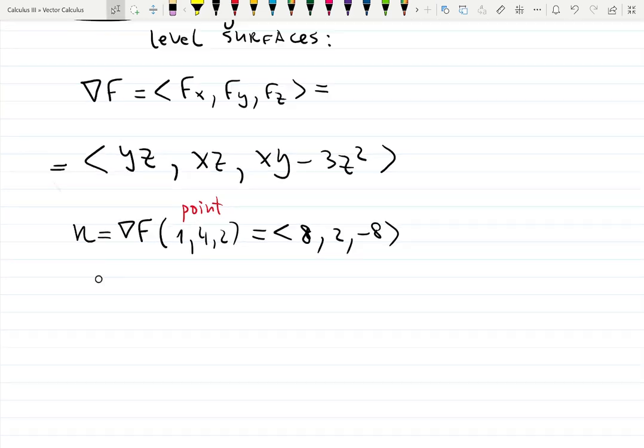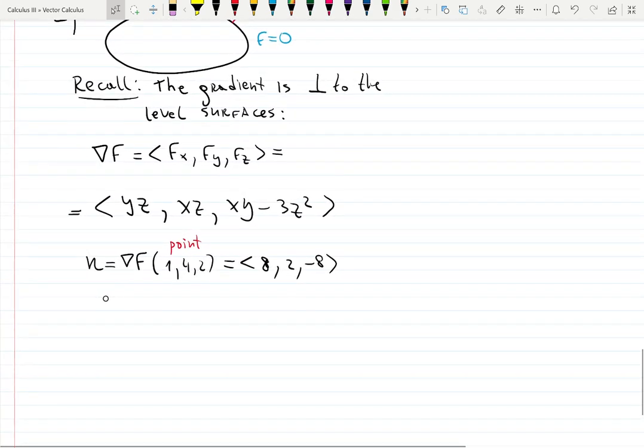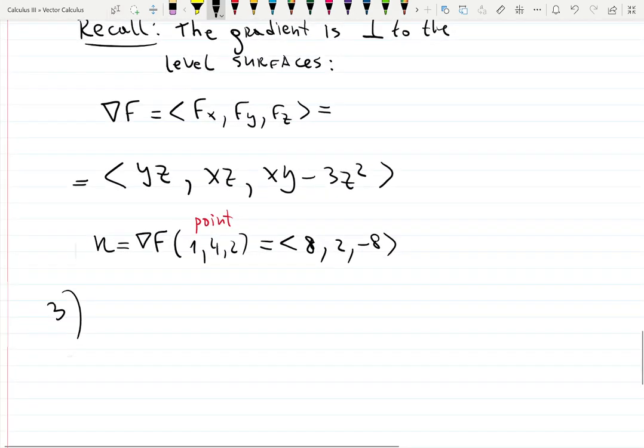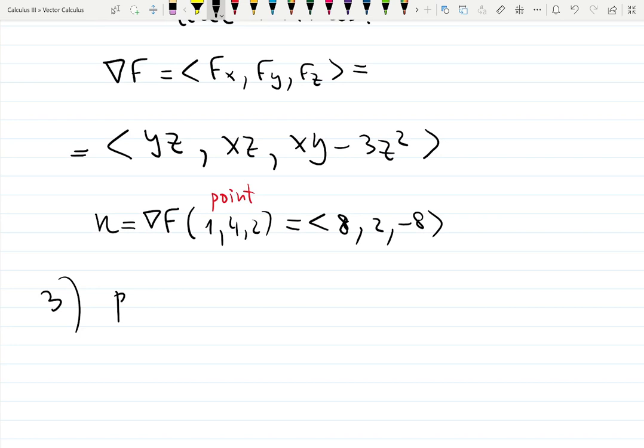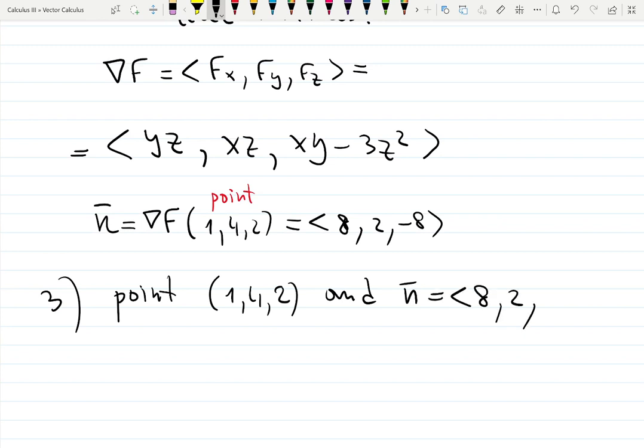The point is given. So step 3, build the equation. We have all the things we needed: a point, 1, 4, and 2, and a normal vector, which we found knowing that the gradient will give it to us.